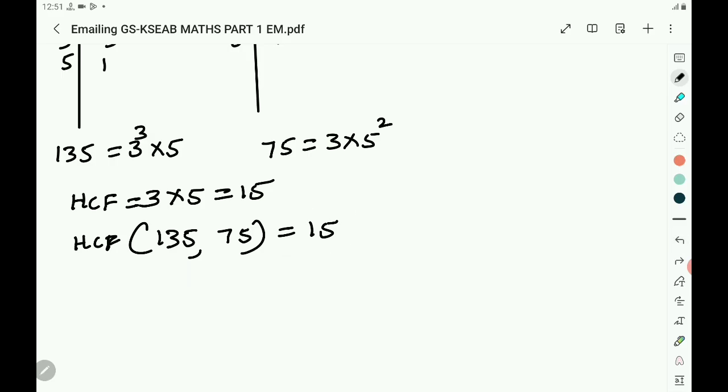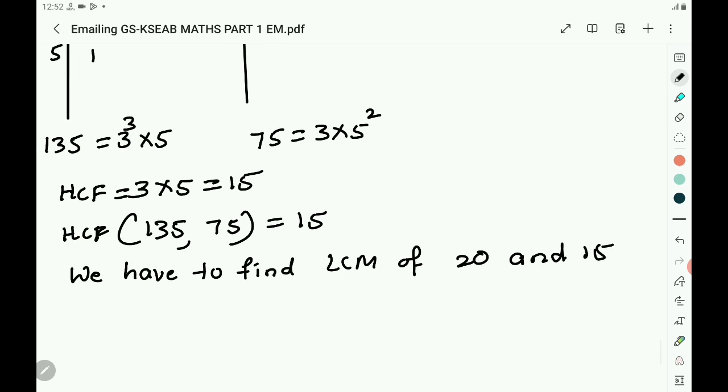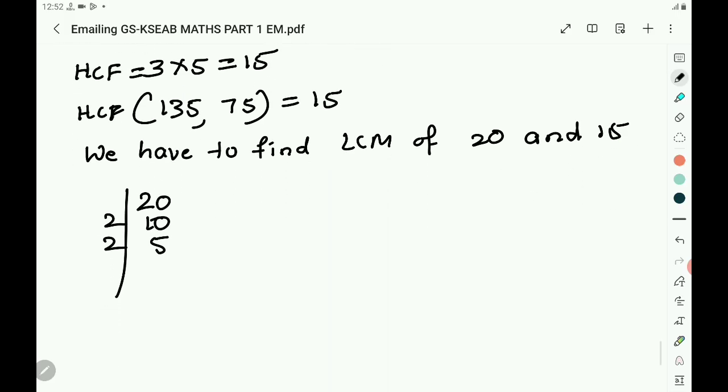Means we have to find the LCM of 20 and 15. Factorize 20 and 15. 20, 2 tens are 20, 2 fives are 10, 5 ones are 5.